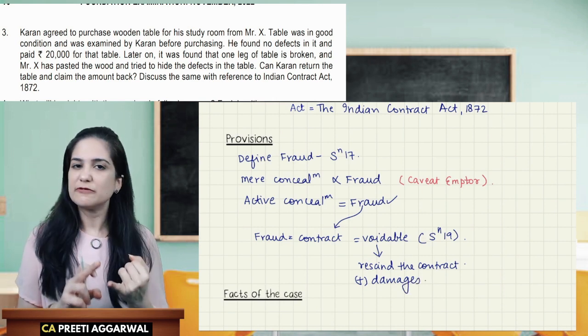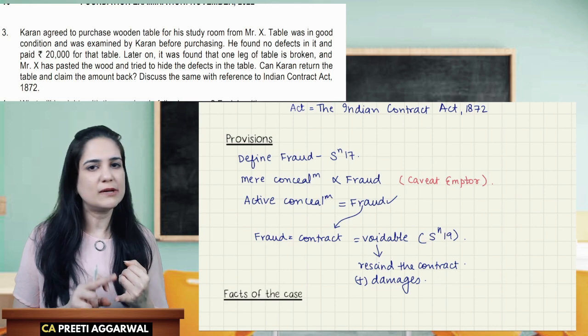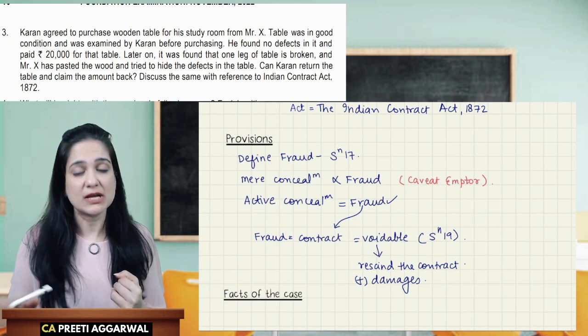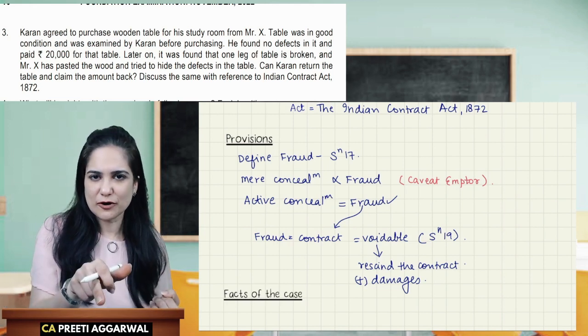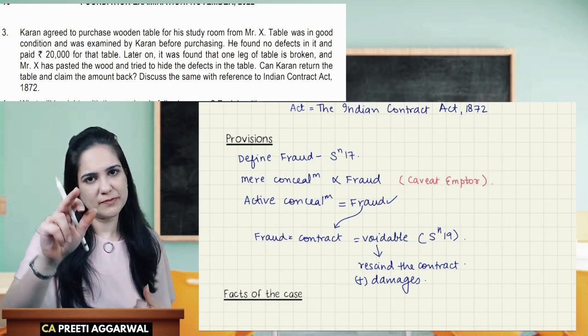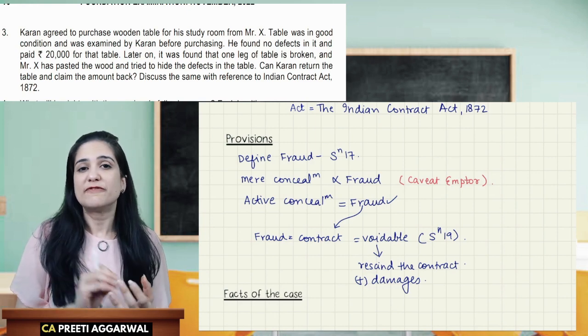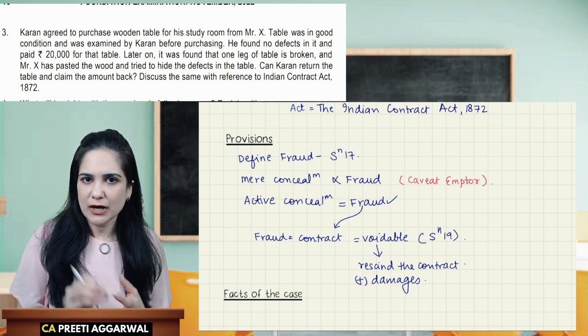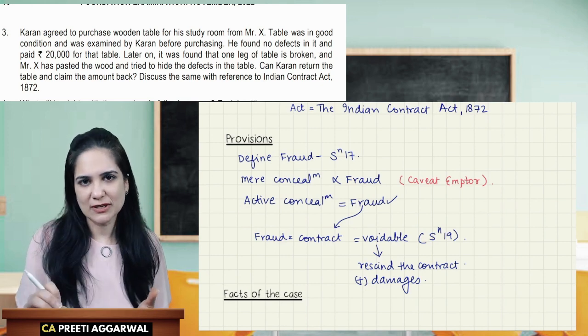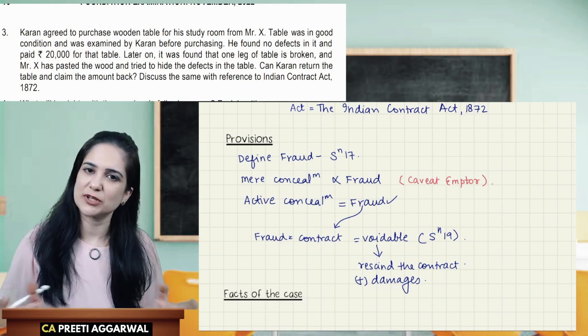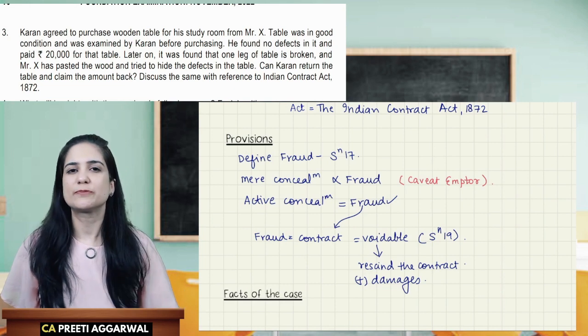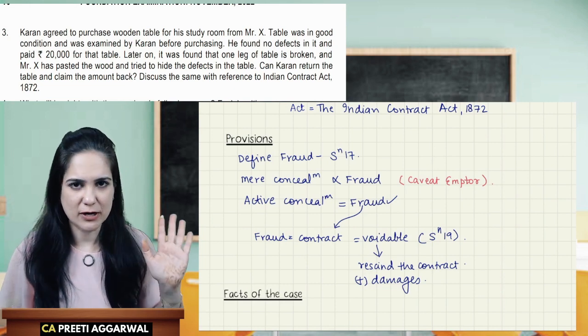You will explain fraud. You will write that mere concealment is not fraud, caveat emptor applies. But active concealment is fraud. Active concealment we have mentioned because it is relevant to the question. Then fraud makes the contract voidable. Voidable means that the aggrieved party can rescind the contract and claim damages. This is given under section 19. This is what you're supposed to write in the provisions part of it.